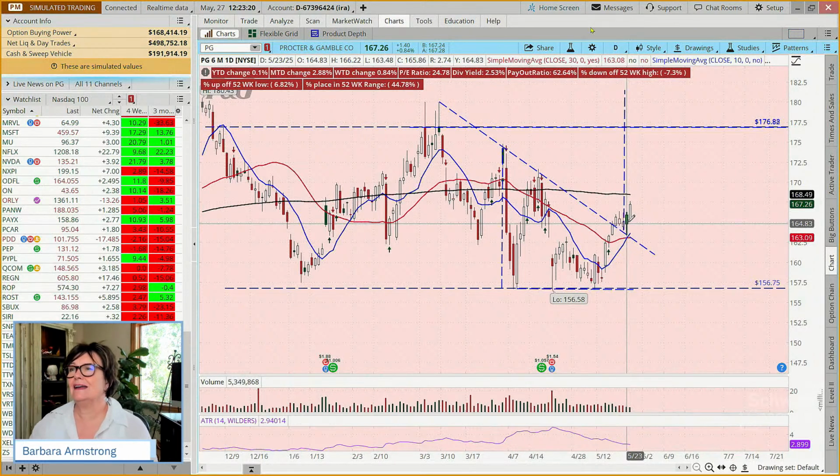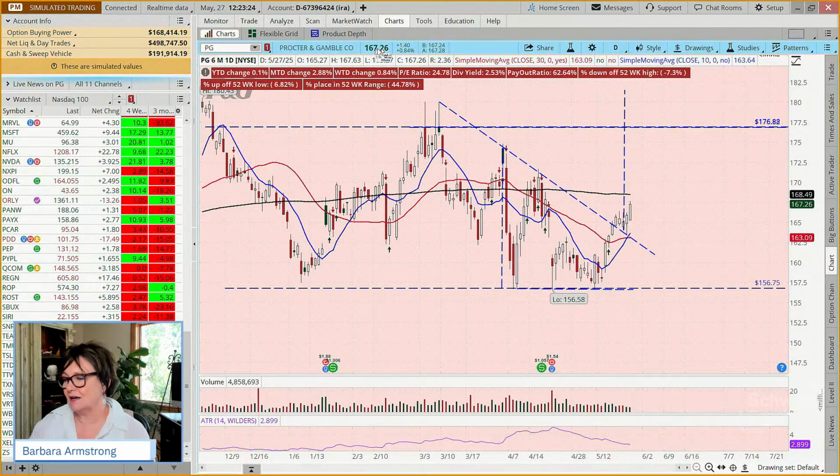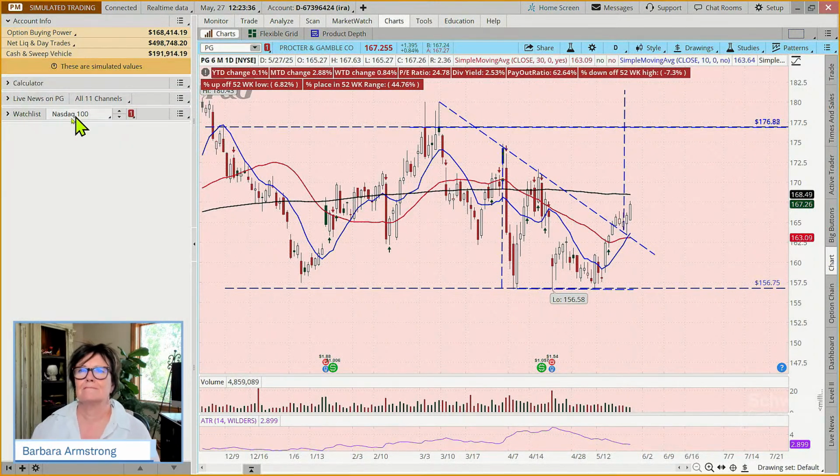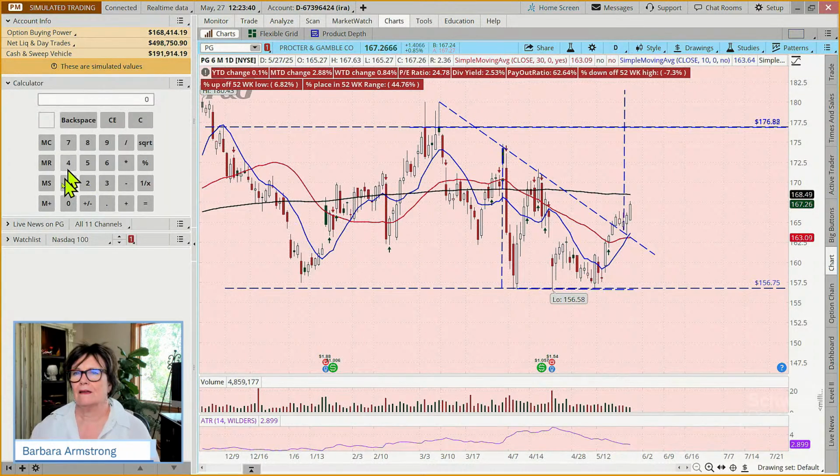So I'm buying at 167. I've got a target that's almost $10 higher and a stop that's about $7 lower. If I take my calculator and say my entry price is going to be 167.25, how much am I risking?